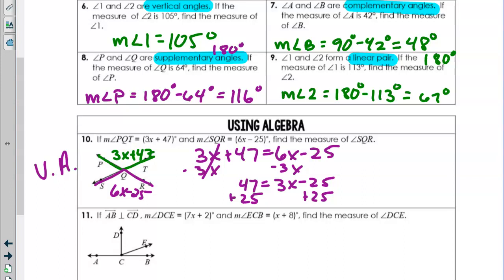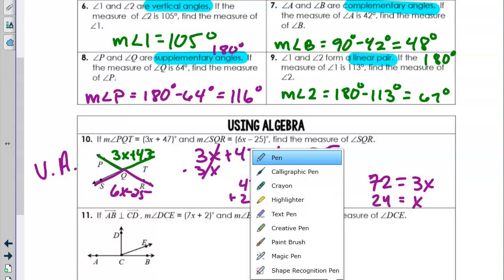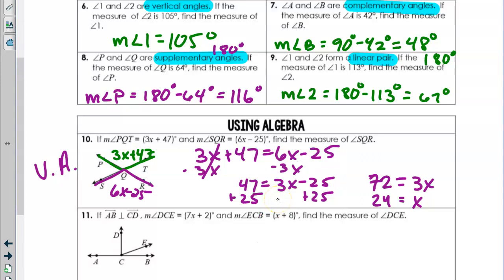I heard a couple things. You said 73? Oh, I'm sorry, 72. I heard 73, but I was thinking 72. And now what does x equal? 24 again. What is the question asking for though? All right, the measure of angle SQR.